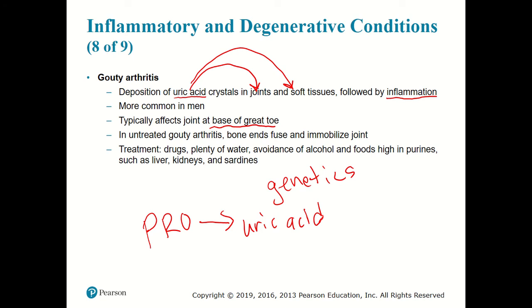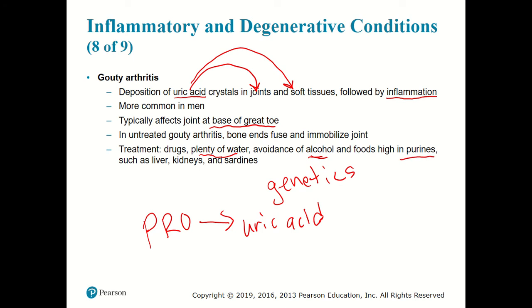And so how do you prevent gout? Well, you don't really prevent it, but plenty of water helps, while you should limit alcohol and foods high in purines. Purines are a type of protein.